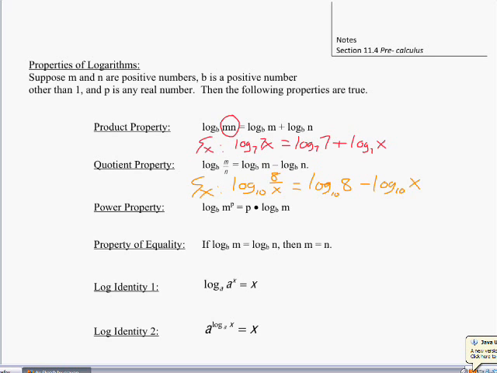Next we have the power property, which says if your argument has an exponent, in this case our exponent for our argument is this p, you're allowed to take that p and write it as a coefficient of the logarithm. You can just write it in front. Example.